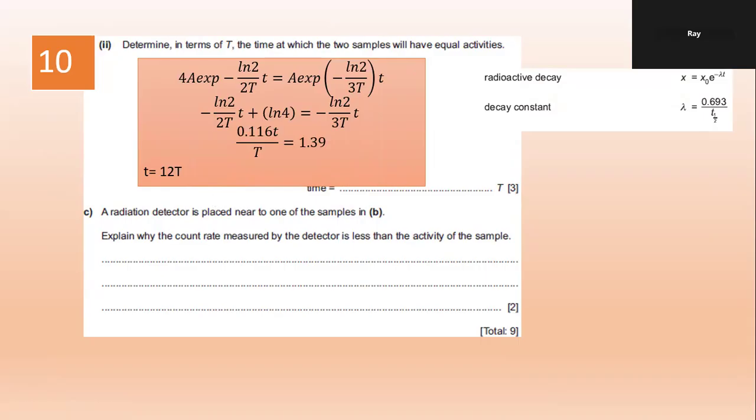Can or not? A will cancel off. Then you just take exponential. Ln it, it becomes that one there, and ln 4. And this one becomes just that. When you take a ln of it, A and A will cancel off. Then you just take this across.